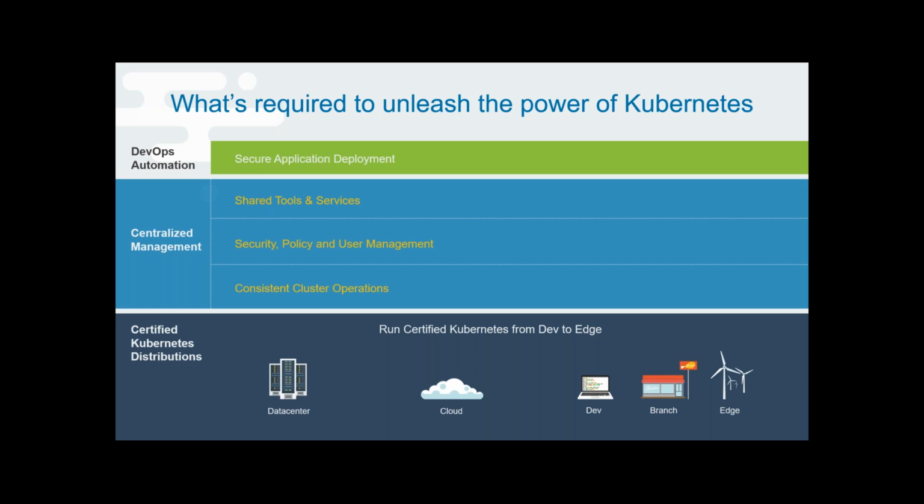We really believe that infrastructure is getting more and more distributed, and whether you're in the data center or the cloud or you're out in the edge or running this on your laptop or connecting to branches, that Kubernetes is a fantastic, equalizing technology. It allows us to run a common set of capabilities anywhere. It's easy to implement.